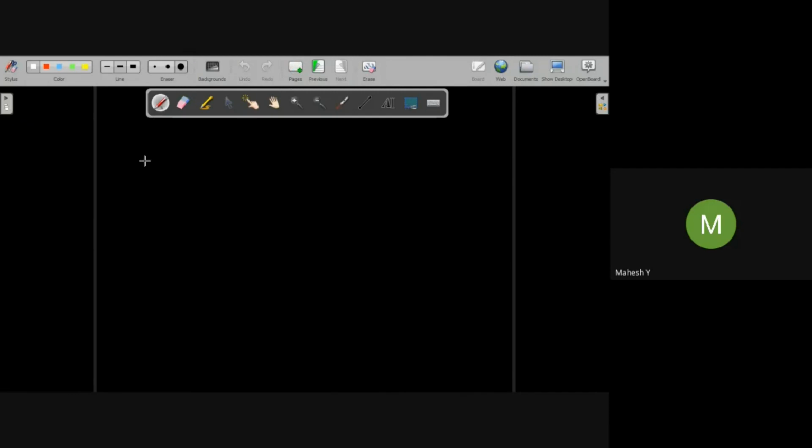So if it is a point charge, we got that E is equal to 1 by 4 pi epsilon 0 q divided by r square a r cap, or if it is a small radius r, I can write a r cap.